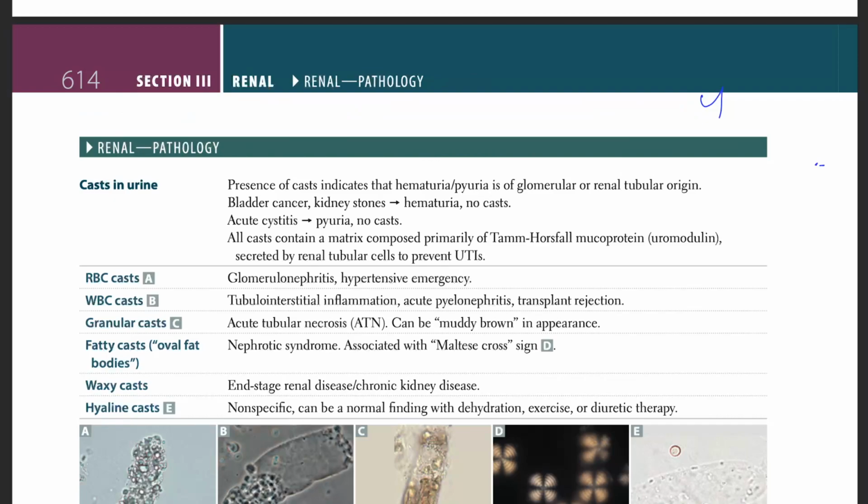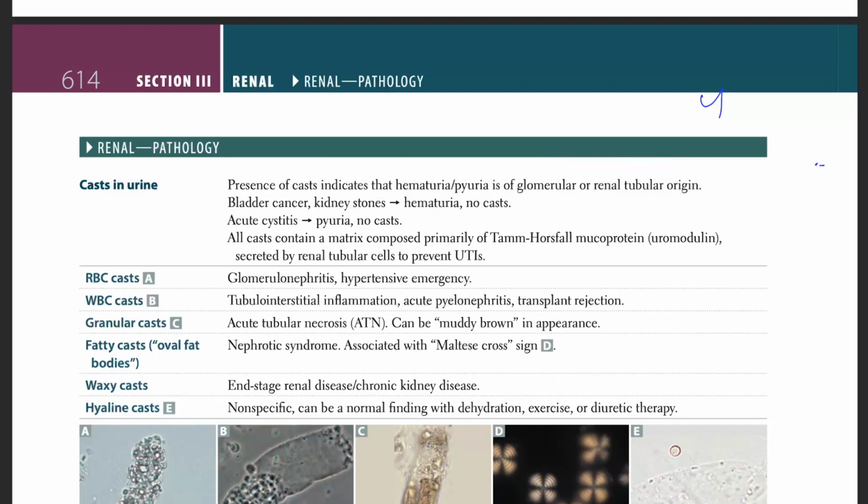The presence of cast indicates that hematuria, pyuria is of glomerular or renal tubular origin. Okay, either glomerular or renal tubular origin. Bladder cancer or kidney stones lead to hematuria and no cast. So if there is bladder cancer or kidney stones, they can cause blood in urine but no cast.